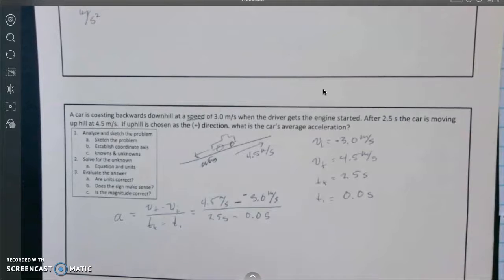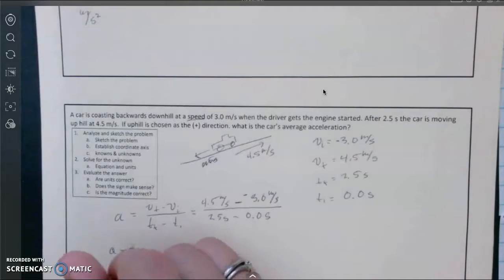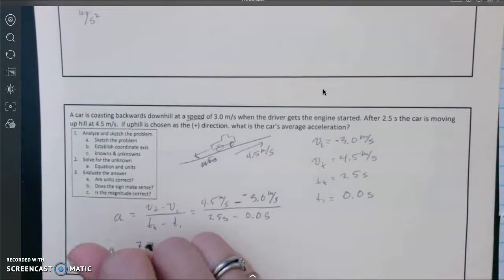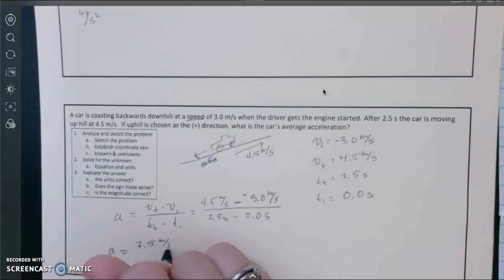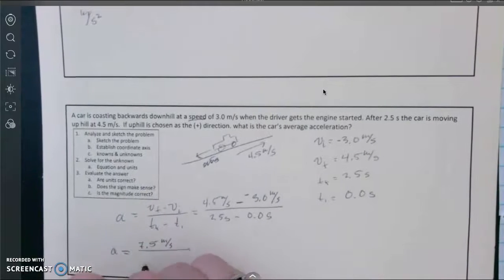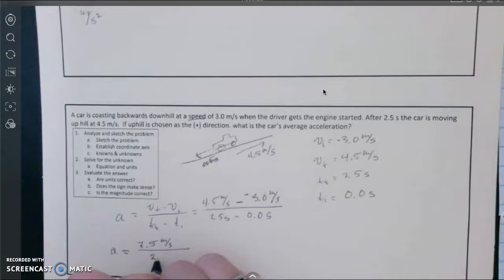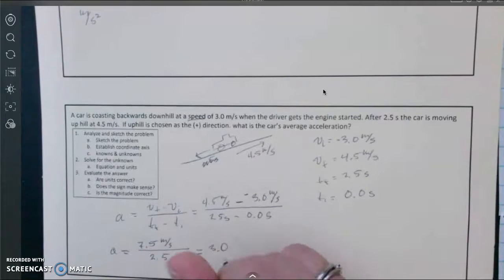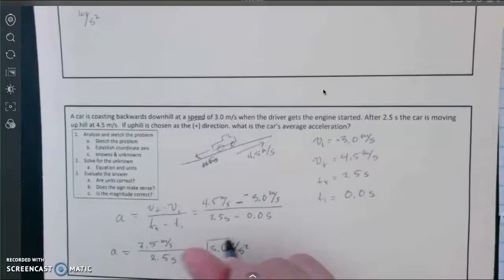Okay, so acceleration is equal to 7.5 meters per second divided by 2.5 seconds. And so that gives us 3.0 meters per second squared.